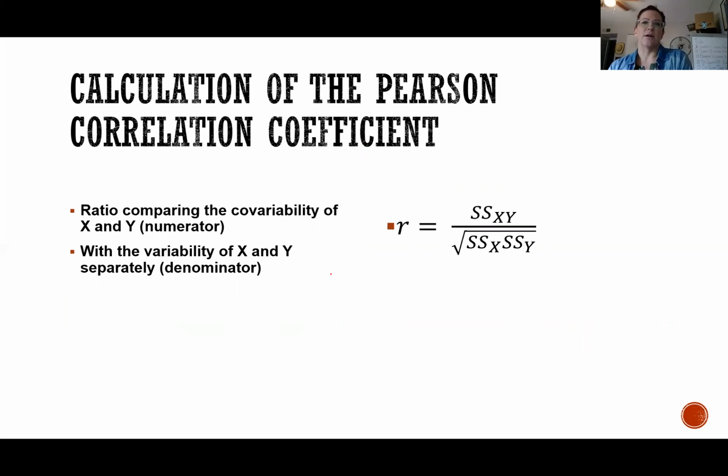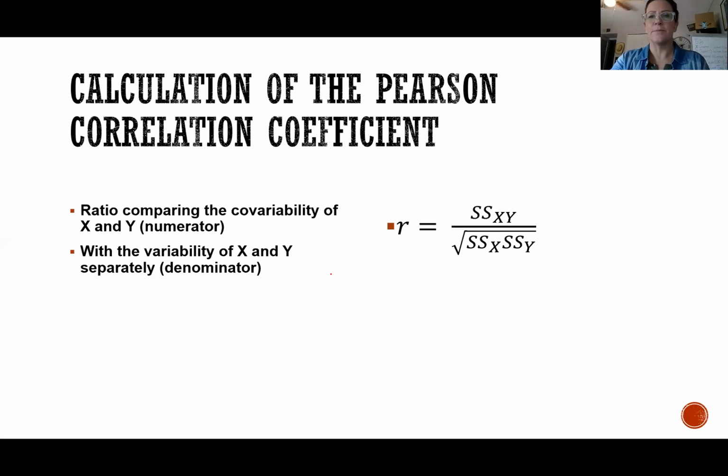So when we are calculating the Pearson correlation coefficient, we're looking at the covariability of X and Y. So that covariability, or sums of squares of X and Y. And then we're also looking at the variability of X separately and Y separately in the denominator.